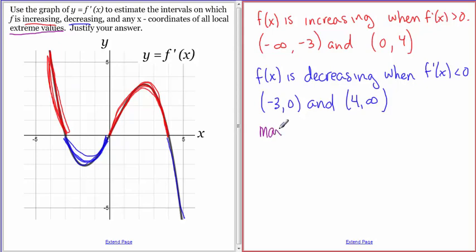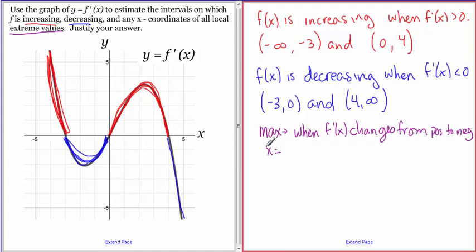Now local extreme values. Remember, we have a max when f prime of x changes from positive to negative. So where does this actual graph change from positive to negative?